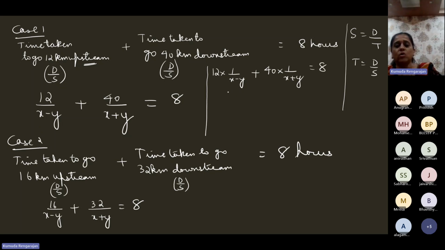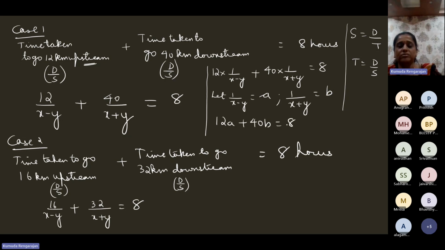So let 1 by x minus y be a, and 1 by x plus y be b. So what's the equation? 12a plus 40b is equal to 8. Divide by 4 throughout. 3a plus 10b is equal to 2 is the first equation.